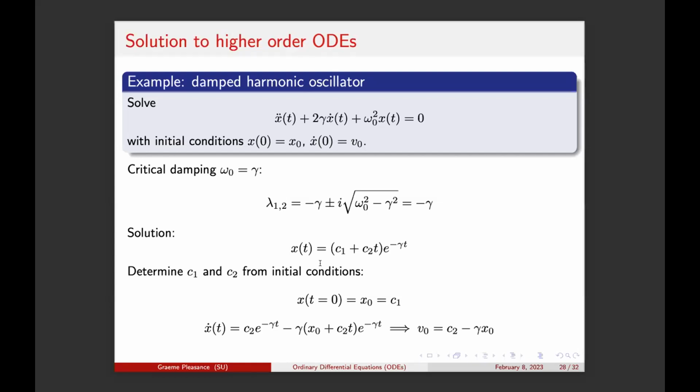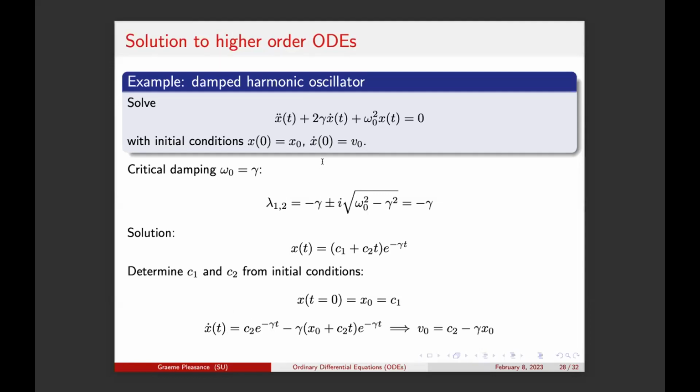To then obtain the second coefficient, we take the first derivative of the solution. And then this allows us to apply the second boundary condition, which depends on the first derivative of x applied at t is equal to 0. So in doing this, we get this equation. So this just tells us the velocity of the oscillator, or the speed of the oscillator, sorry.